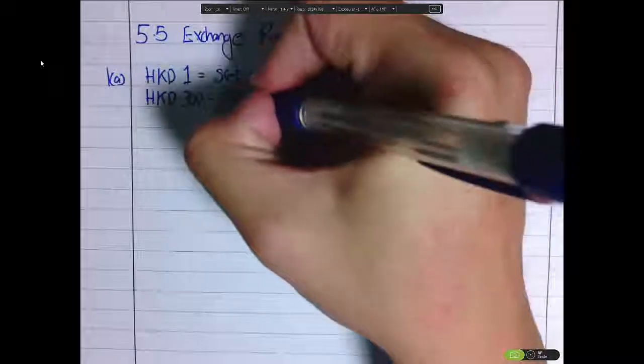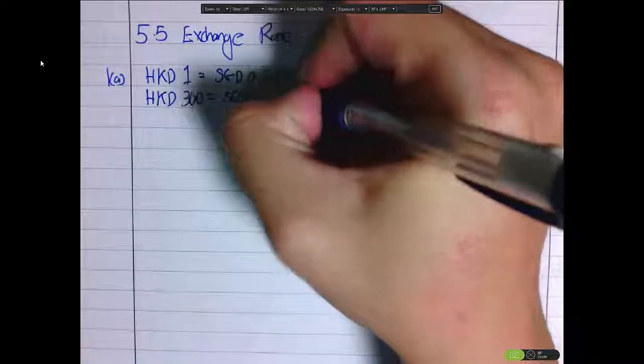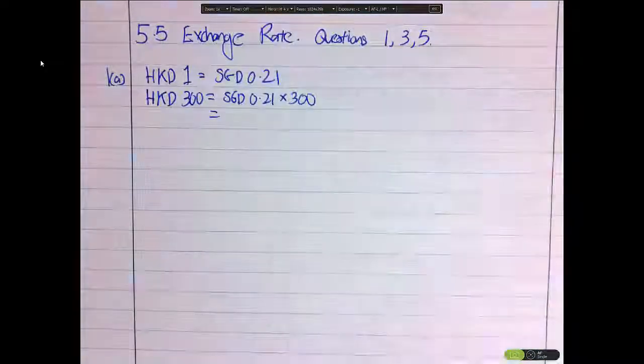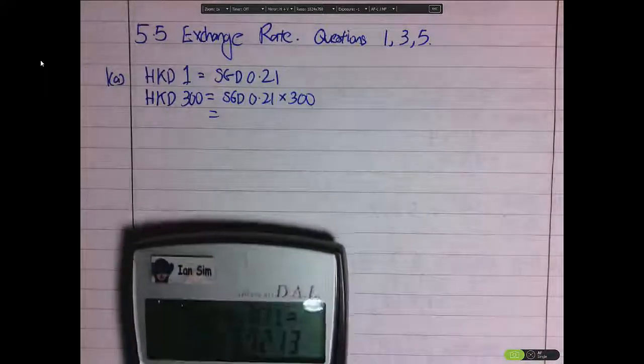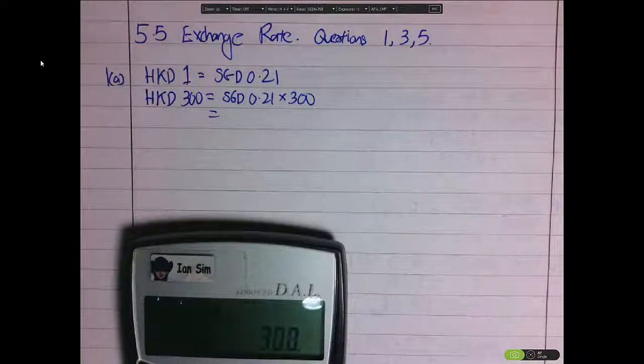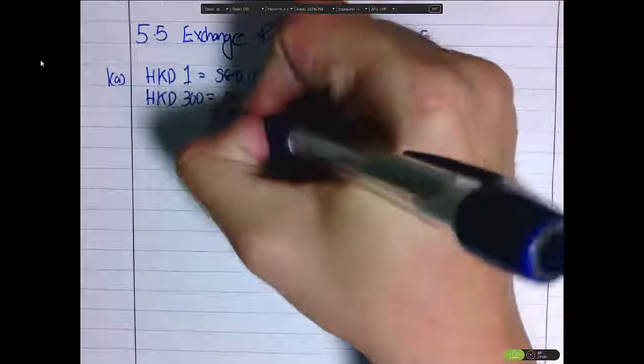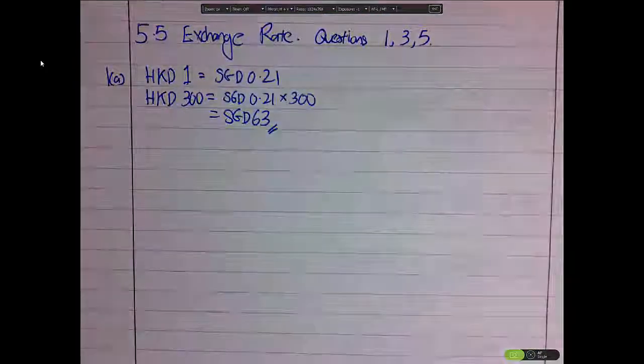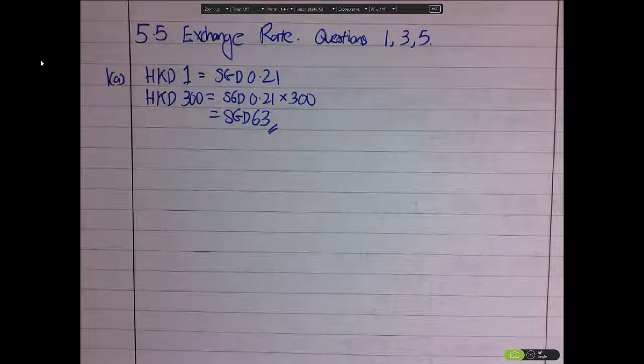So here it will be SGD 0.21 times 300, which very quickly is Singapore $63. So you receive 63 Singapore dollars.